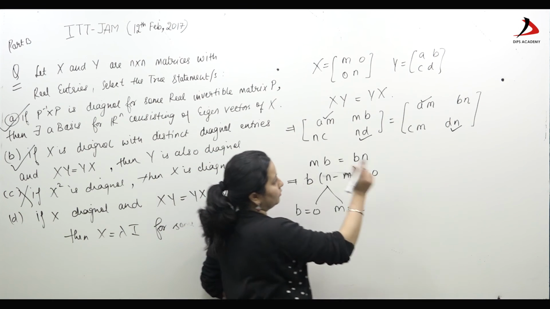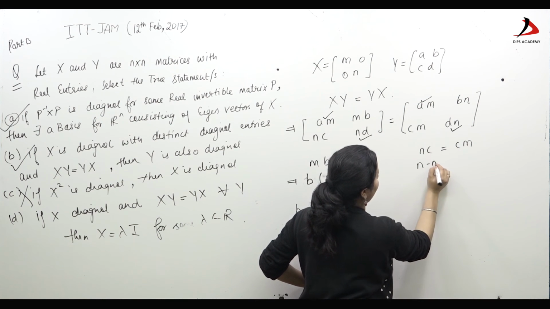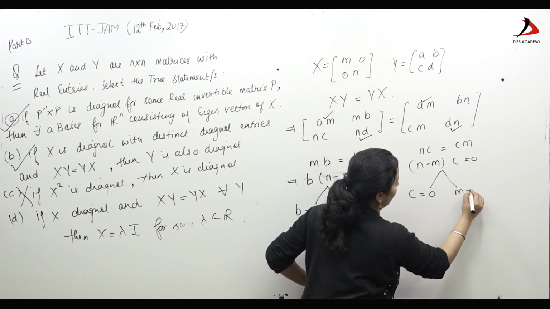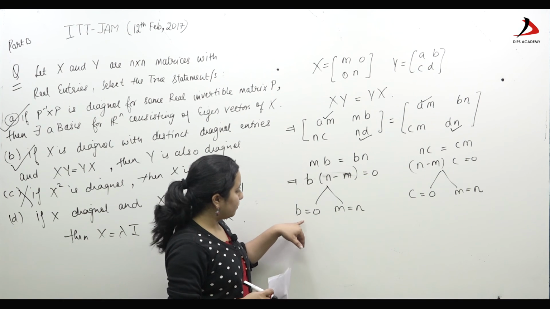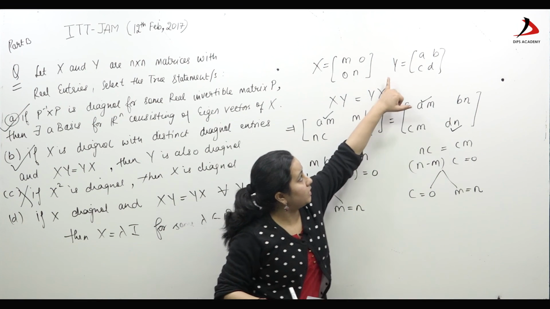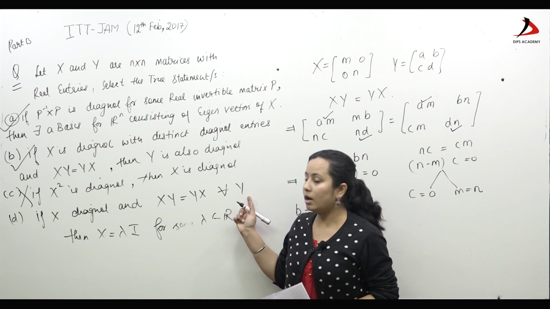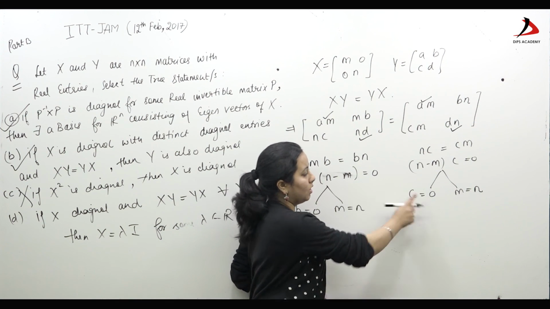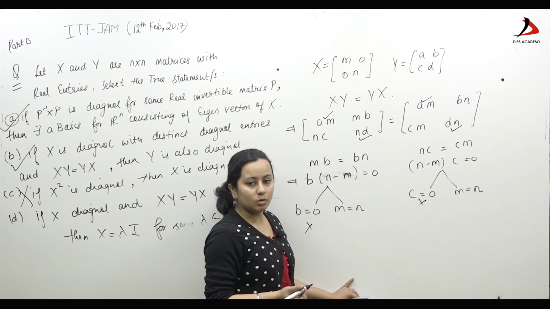From the third term, we can state that nc equal to cm implies (n minus m) c equal to 0, so either c is 0 or m is equal to n. But if we restrict b equal to 0 or c equal to 0, we will restrict the entries in Y, but the result states that it holds for all Y matrices. Hence, we cannot restrict b equal to 0 and c equal to 0. Hence, m has to be equal to n.